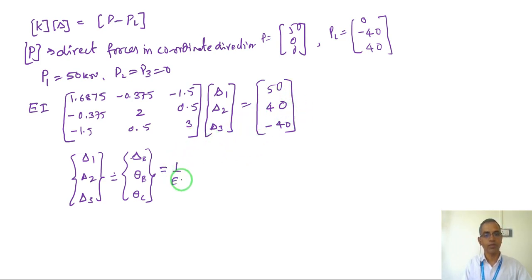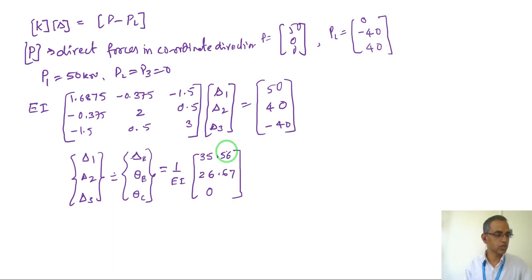So you get 1 by EI times 35.56, 26.67 and 0. So this is the displacement.